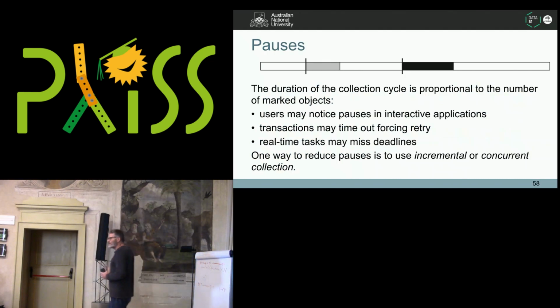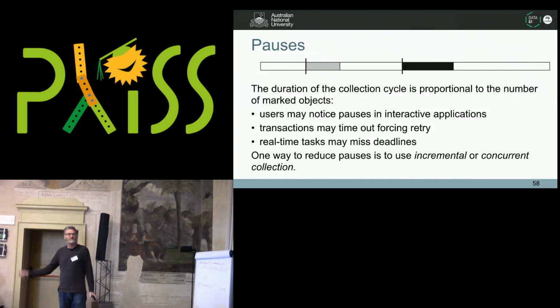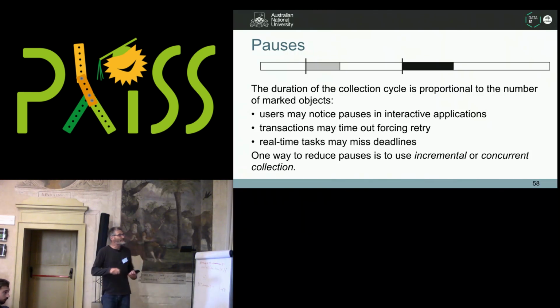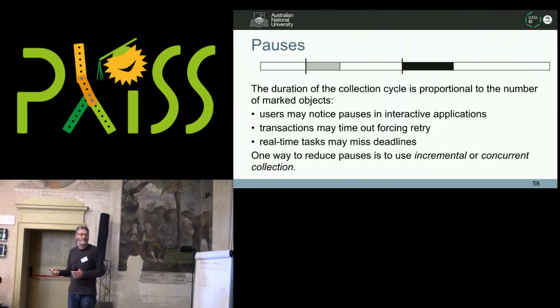The motivation for incremental and concurrent garbage collection is that a collection cycle, if you are going to stop the program and prevent it from changing the heap while you do garbage collection, means that you're going to have a period of time where the program has to wait for garbage collection. Now, that length of time is going to be proportional ultimately to the number of live or marked objects.